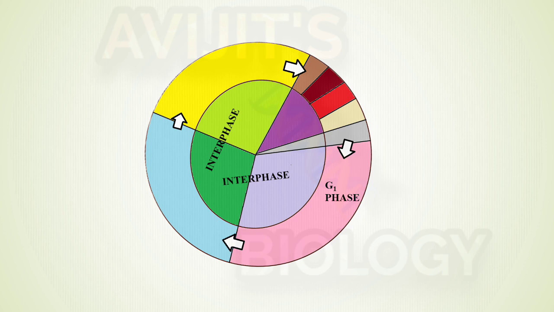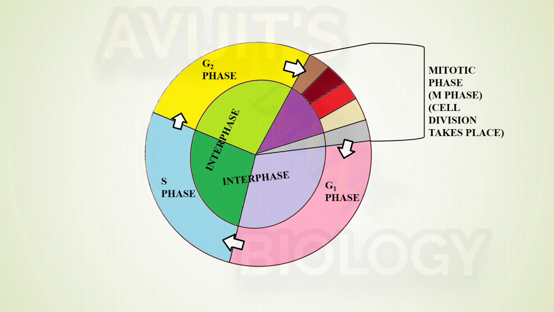There are three phases in interphase. At first the G1 phase, or growth 1 or gap 1 phase, then the S phase, and at last there is the G2 phase or the growth 2 or gap 2 phase. And finally there is the mitotic phase or M phase where the cells divide.